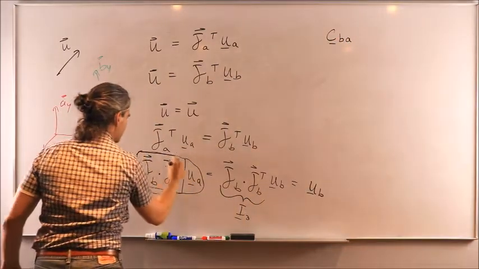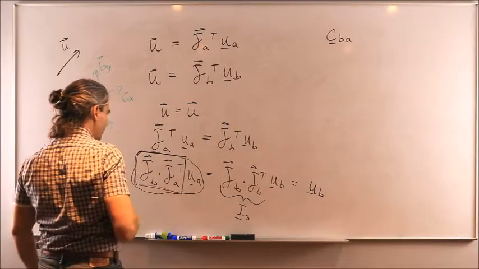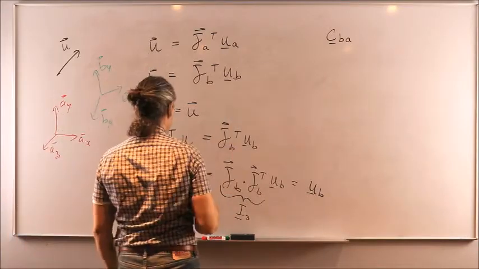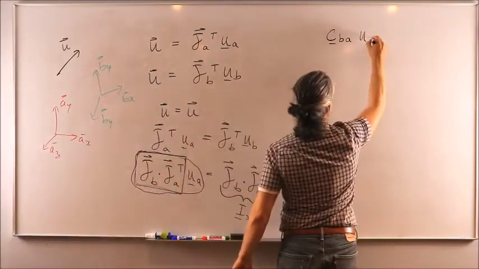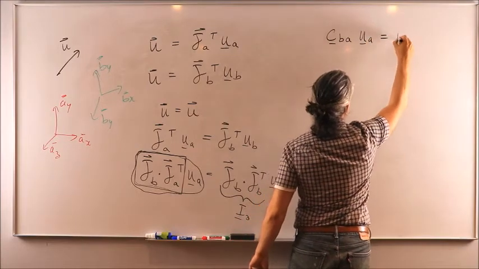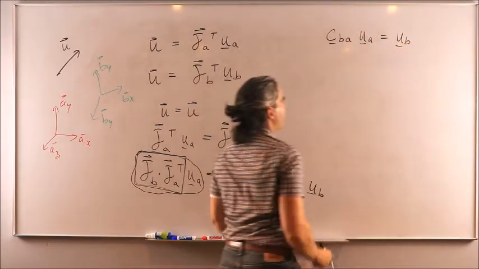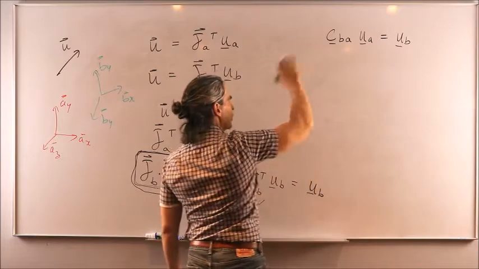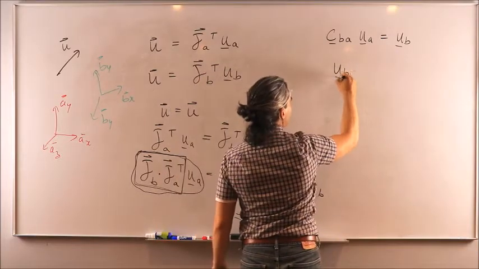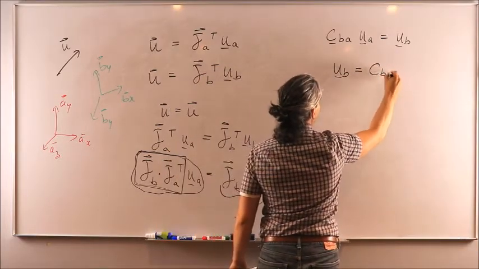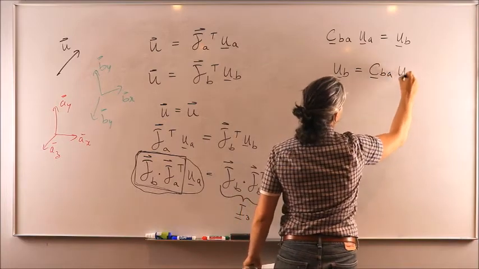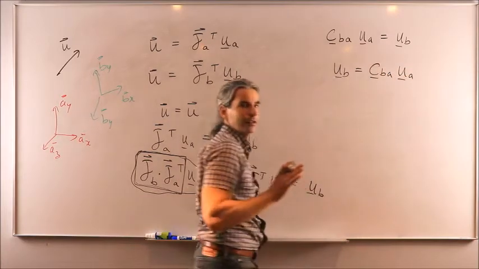Those two vector C's being dot product with each other gives you CBA times UA. All this is equal to UB. I actually like to write that equation upside down. So UB is CBA times UA.